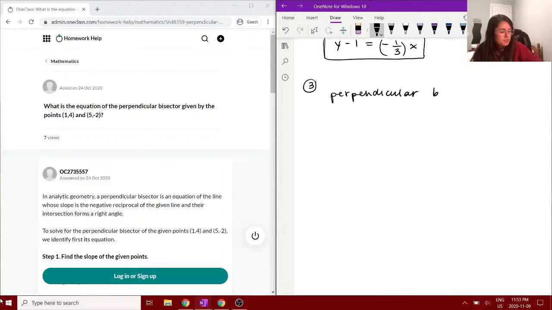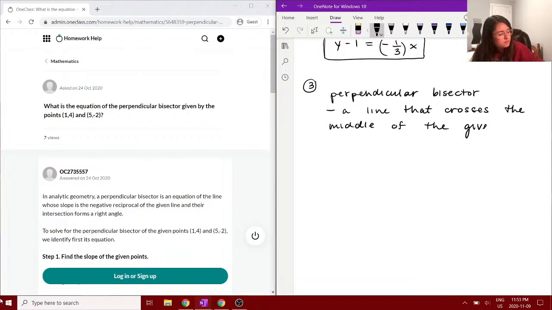Perpendicular bisector. Sector. So that's a line that crosses the middle of the given line at a 90-degree angle.